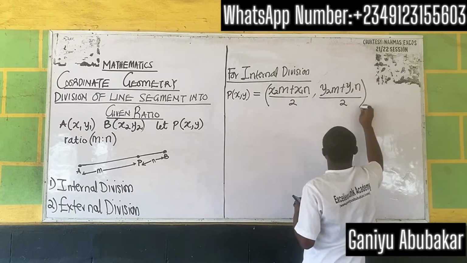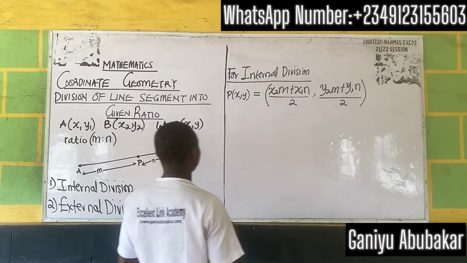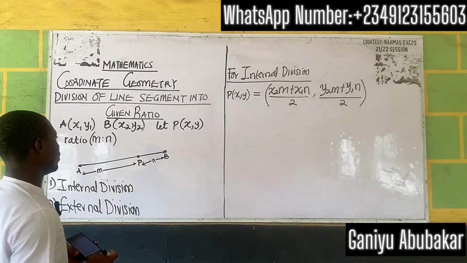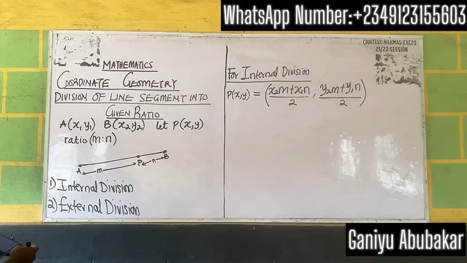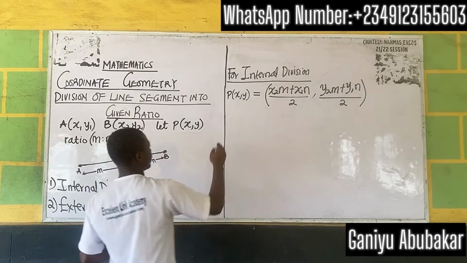This is the formula for calculating division of a line into segments, in a given ratio. This is for internal.